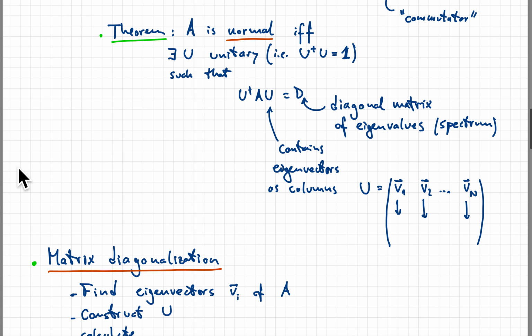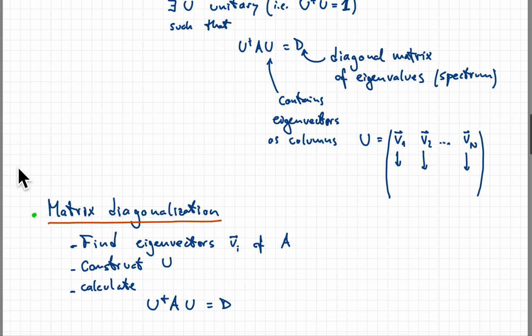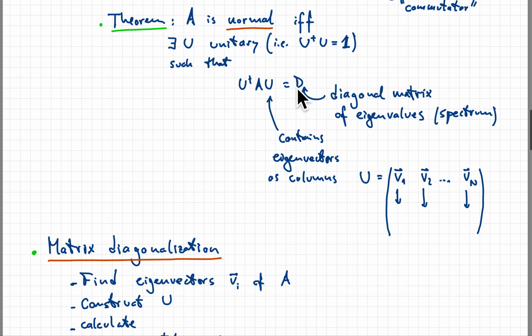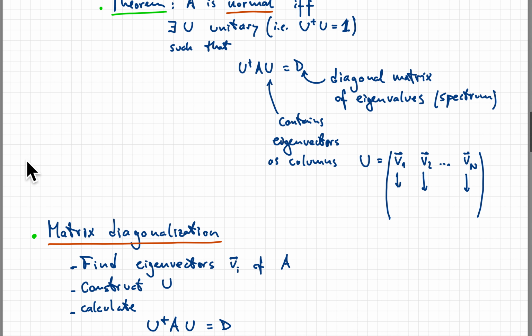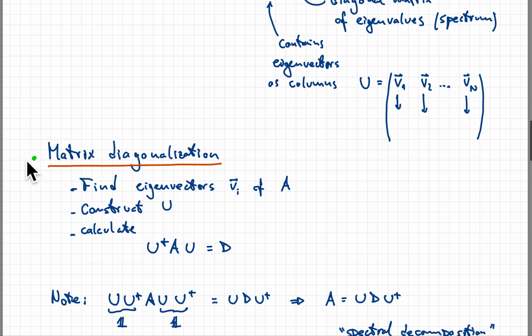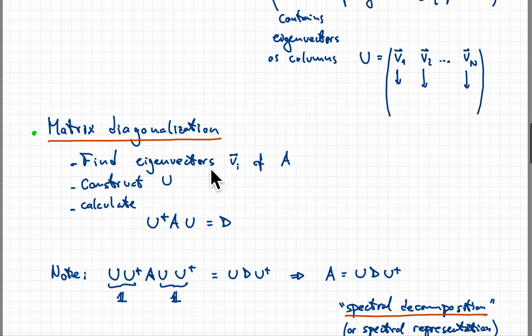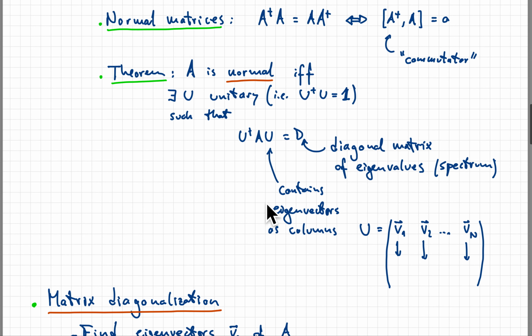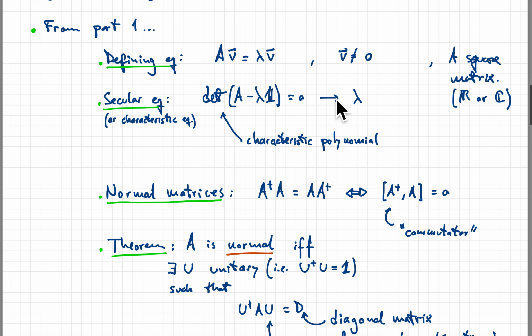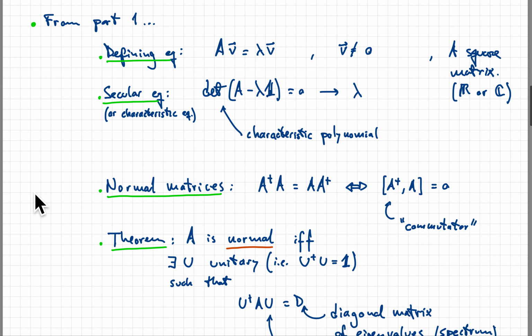that we'll discuss today. Now, usually this process of calculating the diagonal matrix, or finding the eigenvalues and so on, is generally referred to as matrix diagonalization. So that really means find the eigenvectors of the matrix, construct the matrix U, and calculate U dagger A U, which will give you the matrix D. Now, in reality, to calculate the eigenvectors, you first have to solve the characteristic equation and find the eigenvalues.